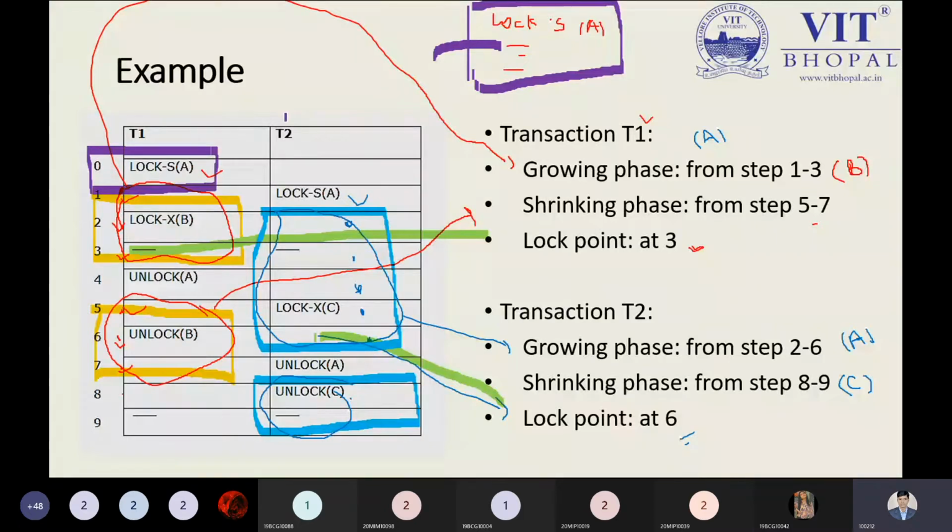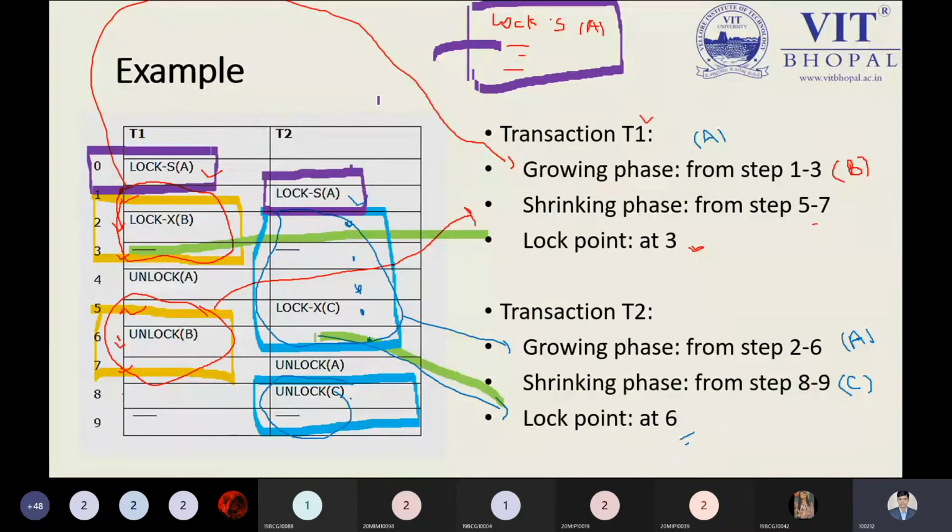Now in this case, you can easily say in the lock SA, you can understand this is a growing phase. I'm 100% agree, but you can easily see over here that after the lock SA inside the transaction T2, we don't have any more instructions which can be identified as belonging to the lock SA. So definitely we can say this is not a good idea to determine the growing phase.